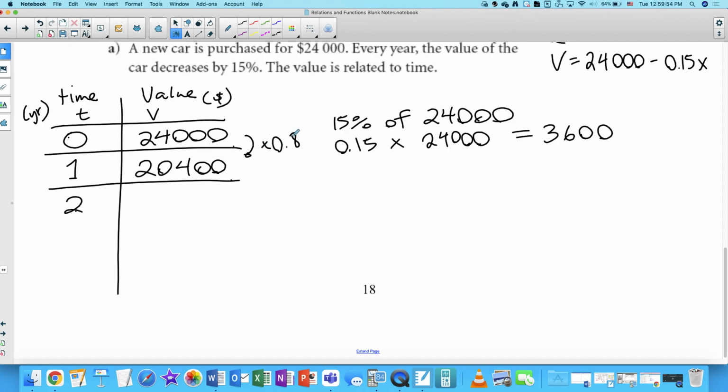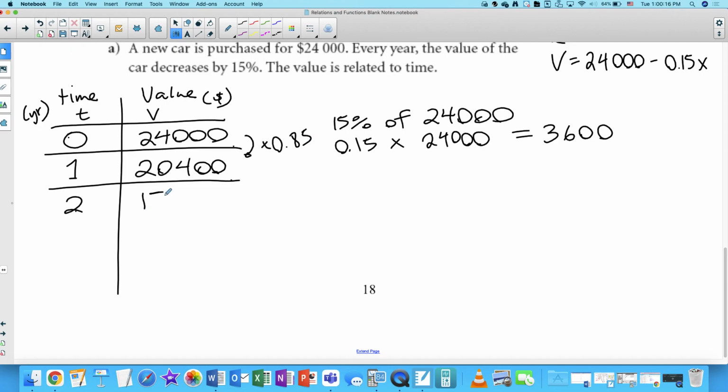Two ways of looking at it. One way is that you have to take away 15% to get the new value. Another way is you retain 85% of what you had. Okay? What's it going to be worth after 2 years? How did you get that?